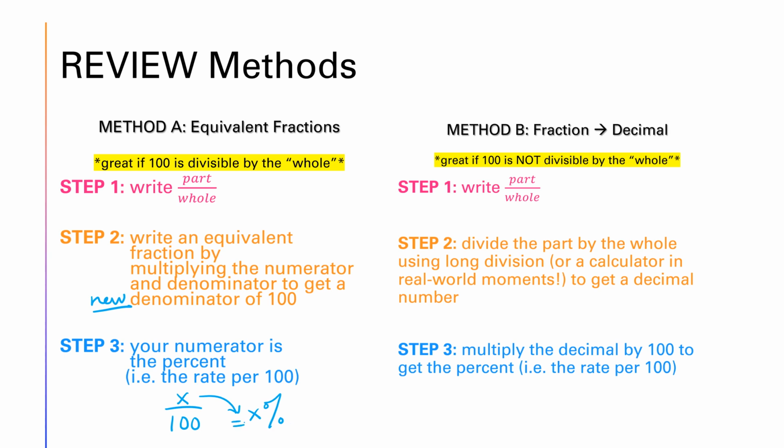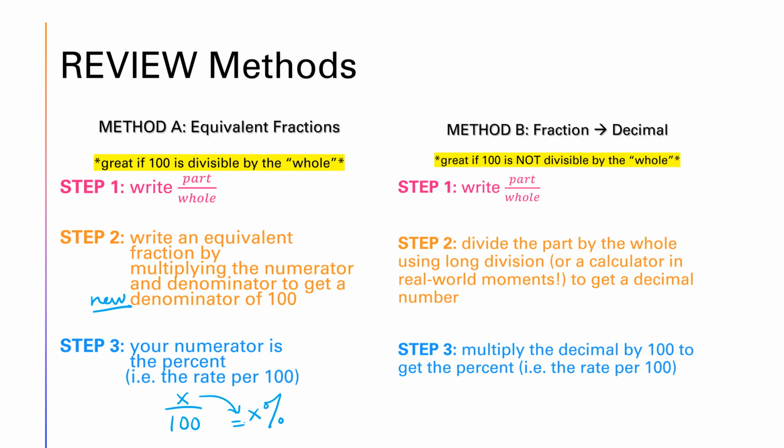All right, method B, what we did with Zay selling the tickets: we can write a fraction as a decimal. This is a great method if 100 is not divisible by the whole. In that example, the whole was the 30 tickets that Zay volunteered to sell, and 100 is not divisible by 30.